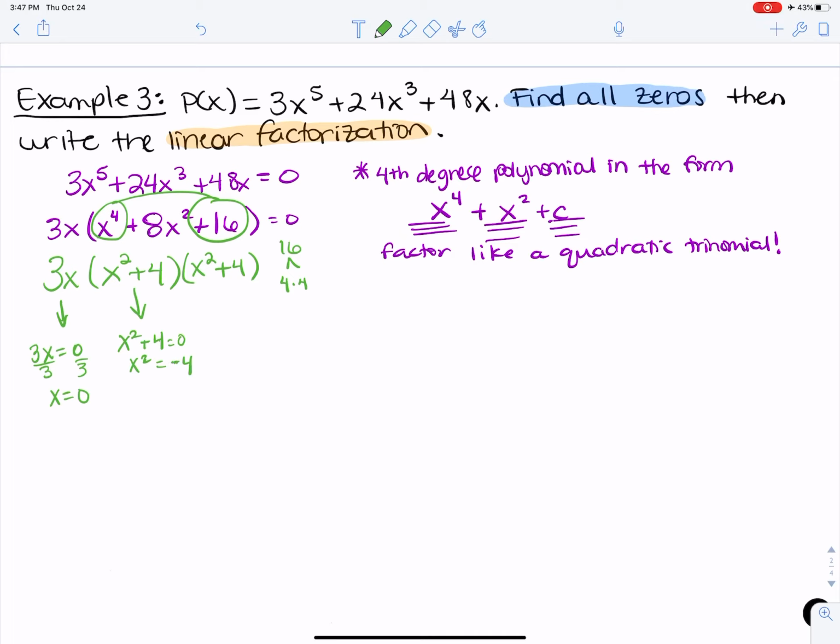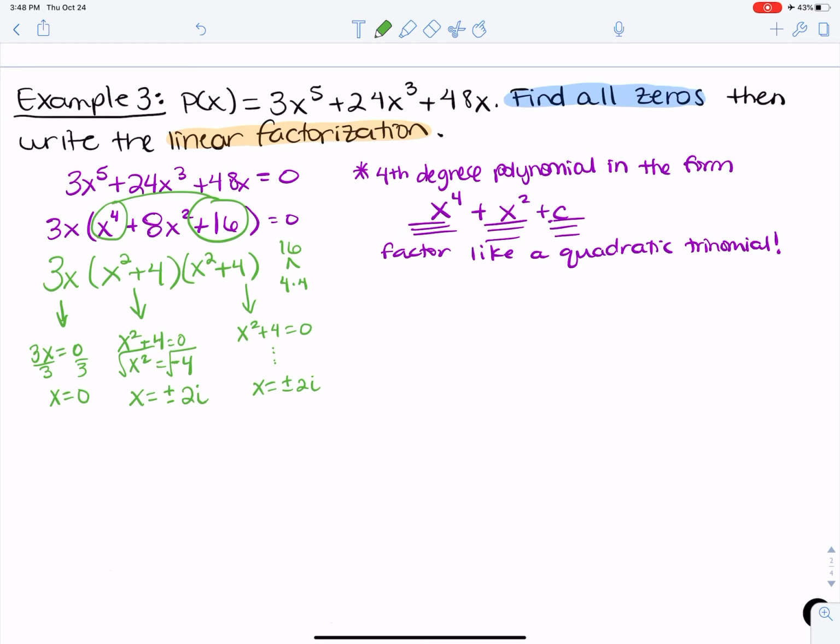But then, of course, take the square root of both sides. And x equals plus or minus, don't forget the plus or minus, 2i. And then this one, oh, guess what? It's exactly the same. x squared plus 4 equals 0. And so we do all the work and we get x equals plus or minus 2i still.